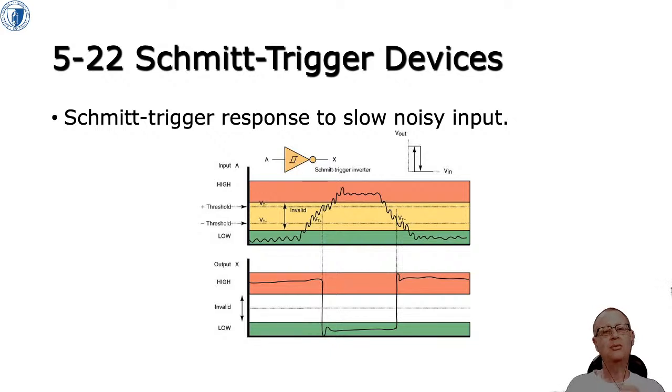Okay, so that's the difference. In the synchronous circuit, the outputs change on either a positive going clock edge or a negative going clock edge, one or the other, not both. And in an asynchronous circuit, it changes immediately when the inputs change.